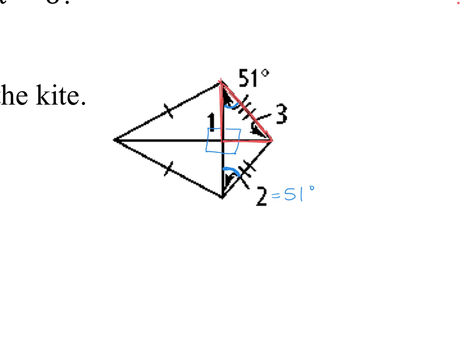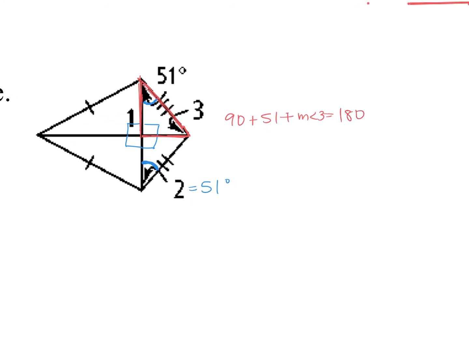You have this triangle, so it's 90 plus 51 plus the measure of angle 3 is going to be 180. So take away, what is that, 141. So the measure of angle 3 is 39 degrees. Same with this one, this one would be 39 also. So these ones bisect, these ones bisect, but the other ones don't cut the angles in half, right? They don't bisect.